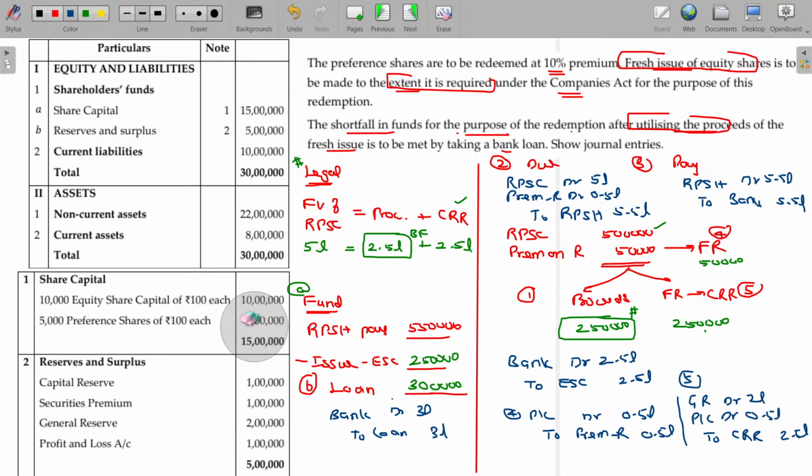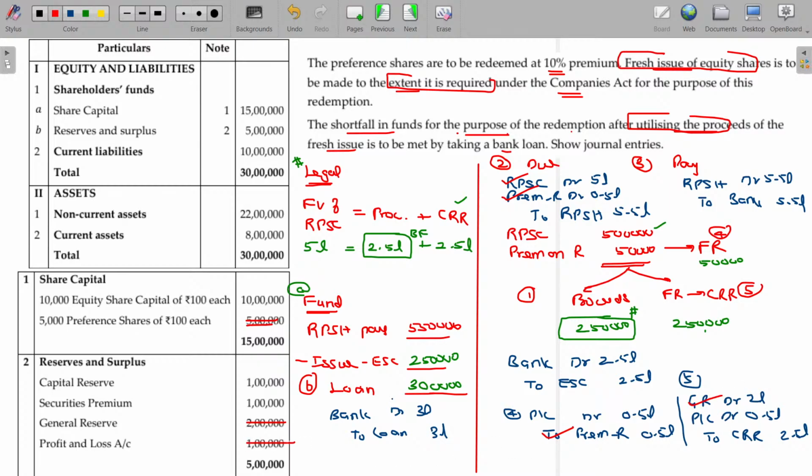Now I am going to incorporate all these entries to prepare the new balance sheet. Redeemable preference share capital debit and existing credit get eliminated, it becomes 0. Premium on redemption debit and credit are eliminated totally, we don't have any balance. General reserve, 2 lakhs we have, but by debiting it becomes 0.